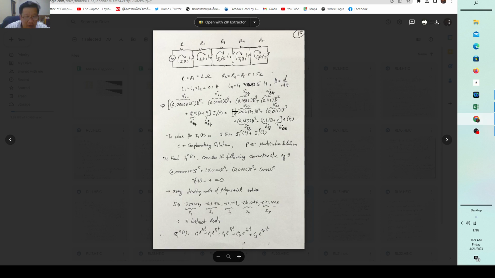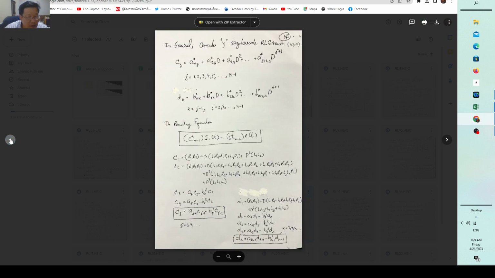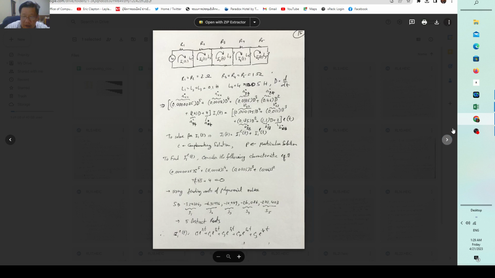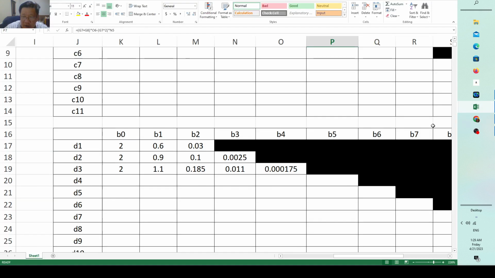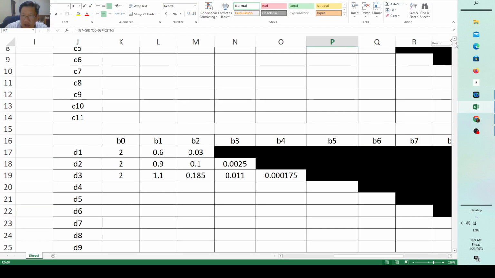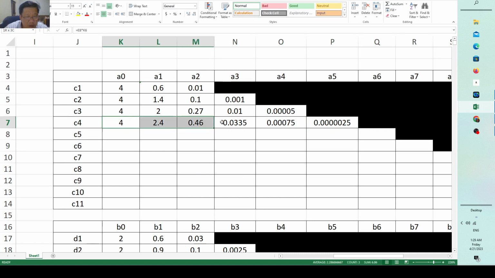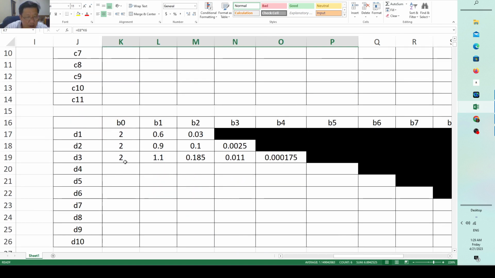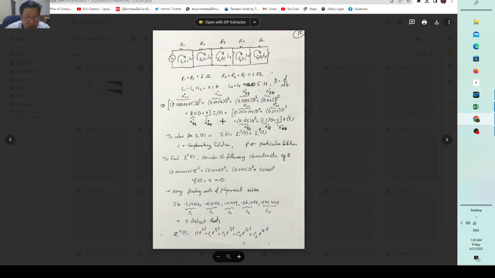You can see now how this equation comes up with this relationship, and then with this Excel, substitution of the given parameters, you get c sub 4 here, and then you get d sub 3 here. So just use this coefficient and then multiply by d according to the corresponding order. You get the results over here.